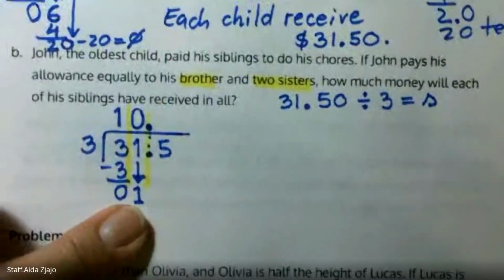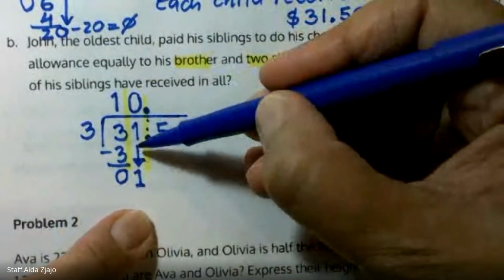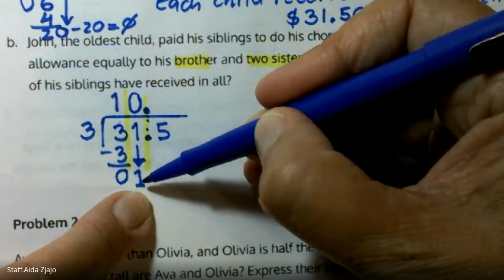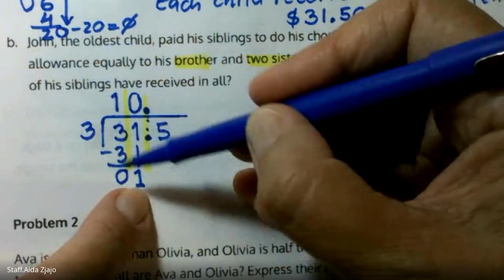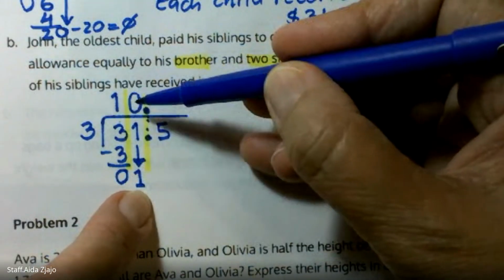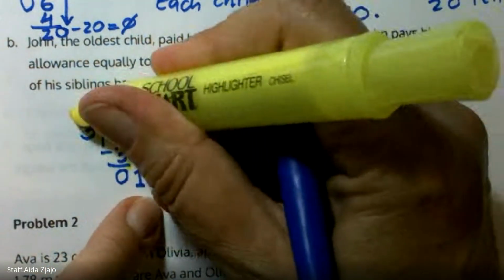Now, I forgot to explain to you, when you bring down the number, it means you have to ask yourself, can I share that equally? I can't, so I can make only 0 groups of 3 if I have only $1.